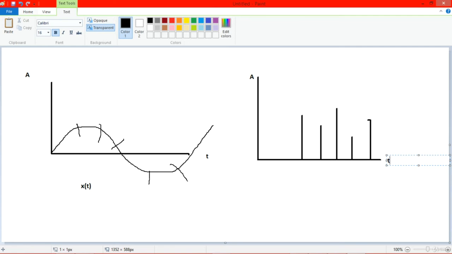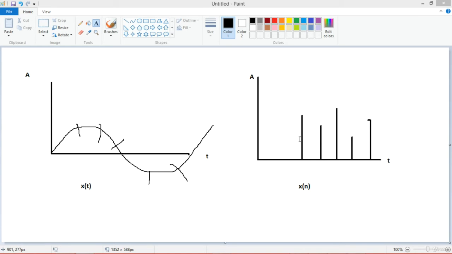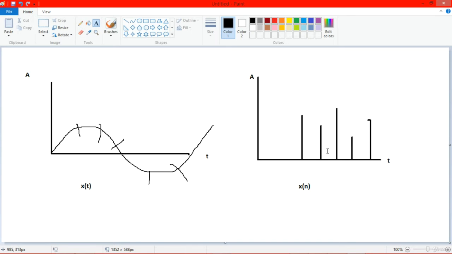But on the other hand, for a discrete time signal the independent variable n is not continuous at every instant. Like you can see, there is a blank space between these lines, so they are not continuous. Continuous signals are always denoted by x of t, while we represent discrete time signals by x of n.